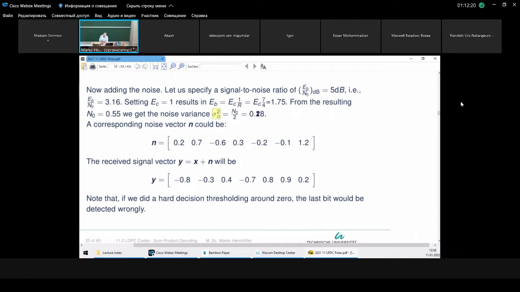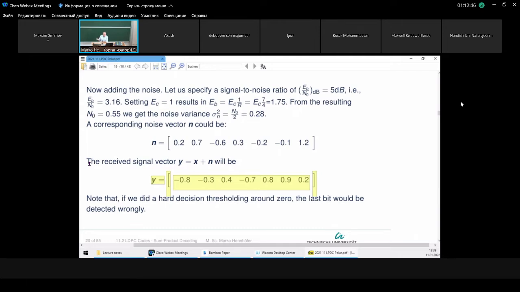Things will get worse. Using this noise variance, I generated a random vector following a Gaussian distribution with this variance. Here we get the noise samples. This, added to our transmitted message, will be the received vector.